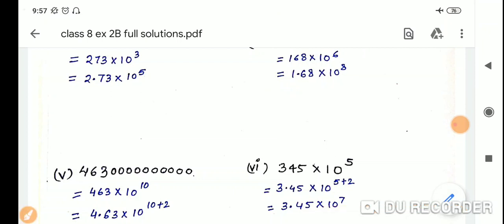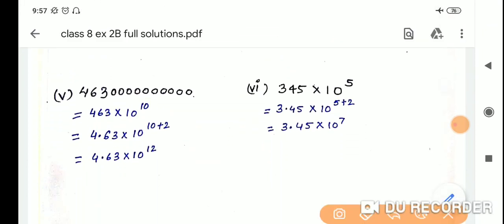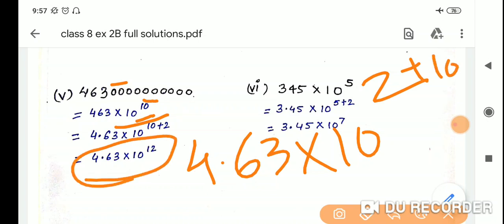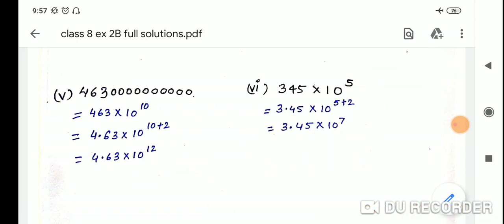Now the fifth part, 463, and how many zeros? 1, 2, 3, 4, 5, 6, 7, 8, 9, 10. So it will be 463 into 10 raised to the power 10. So 4.63 into 10 raised to the power 2, and 10 is also here, so you just add the powers and the answer is 4.63 into 10 raised to the power 12. Now the sixth one, 345 into 10 raised to the power 5.